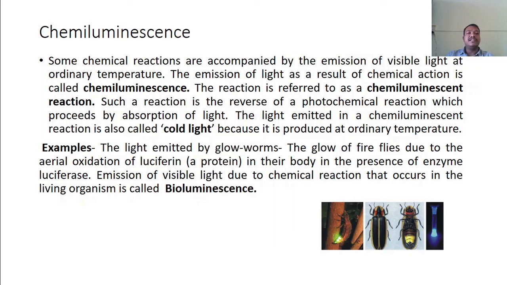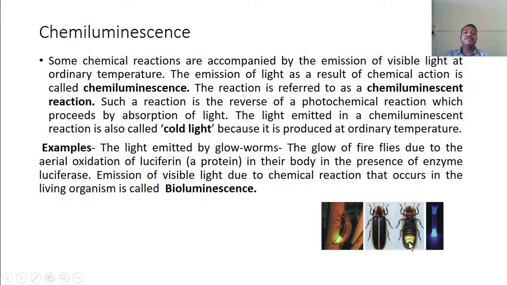The light emitted in a chemiluminescent reaction is also called cold light because it is produced at ordinary temperature. For example, the light emitted by glowworms and fireflies comes from the oxidation of luciferin, a protein present in their body.